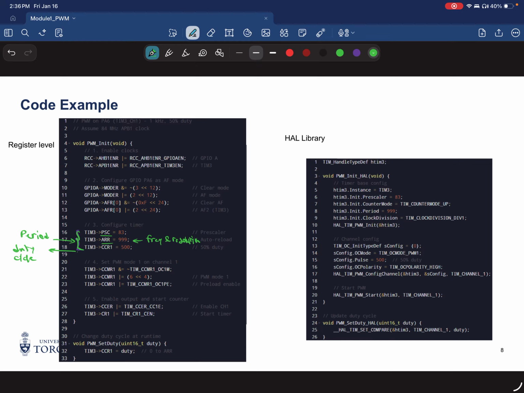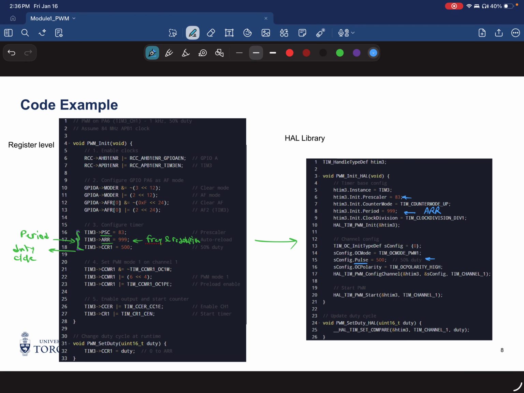And so these are the 3 registers we need, and you can of course set this in the HAL library, again using a more intuitive notation. Here we have prescaler, period, which is again ARR, and then we have pulse width.